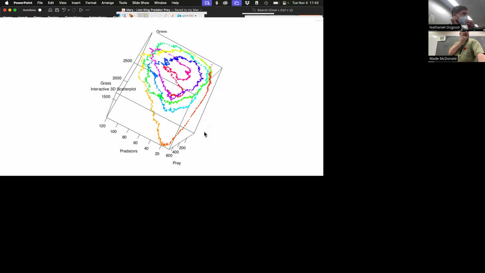Yeah, so a key point that Wade is trying to emphasize here is the fact that this model has, if you think about it, a giant state space. Each of the patches of grass can be in one of, is it 3 states?